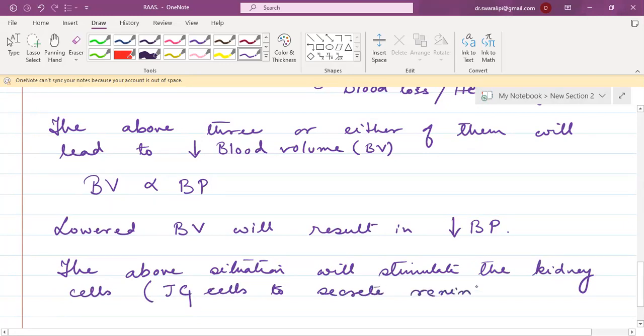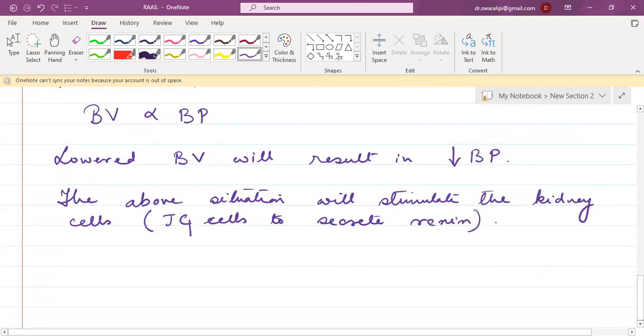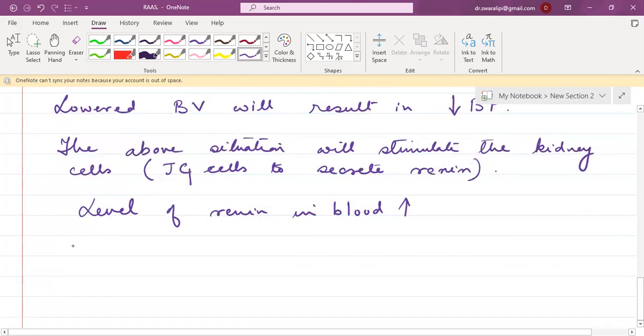Earlier I mentioned that the JG cell secretes renin, so this will secrete the renin. Now what happens when renin is secreted? The level of renin in blood is now increasing, so in the circulation we are now finding renin.